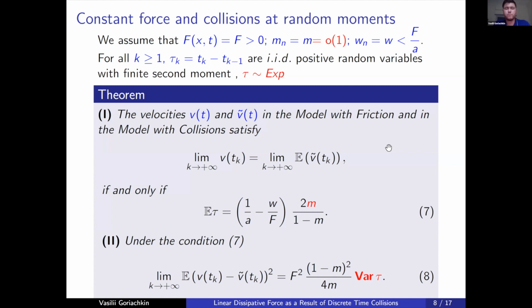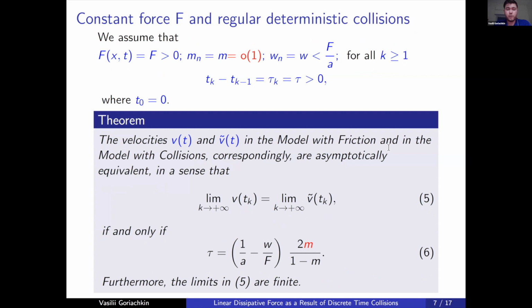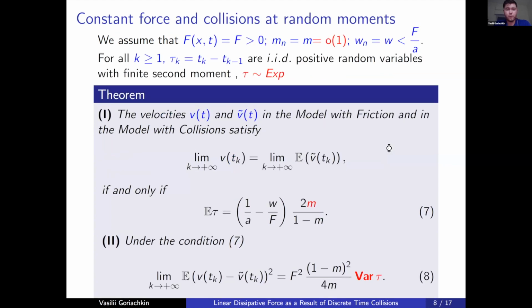Is it true that for every such model, we can find a system with dissipation, with some dissipation parameter, or no? Yes, exactly. Because we have the same picture for all our theorems.